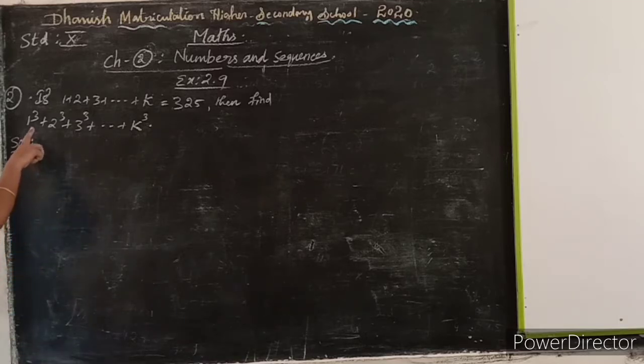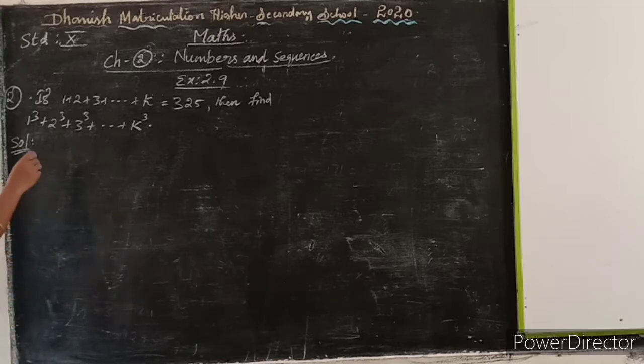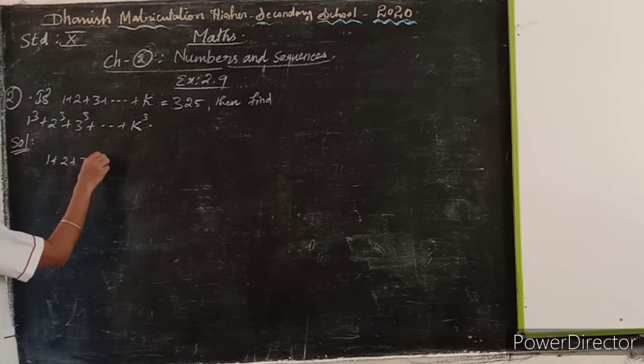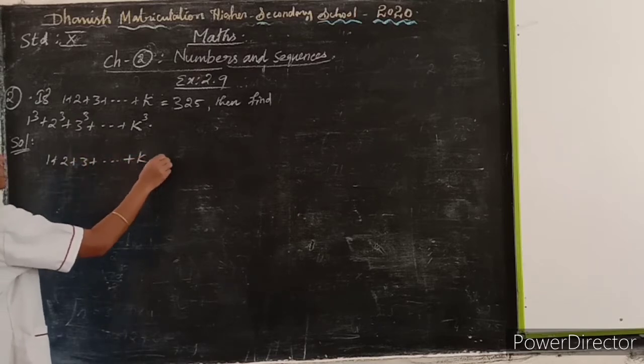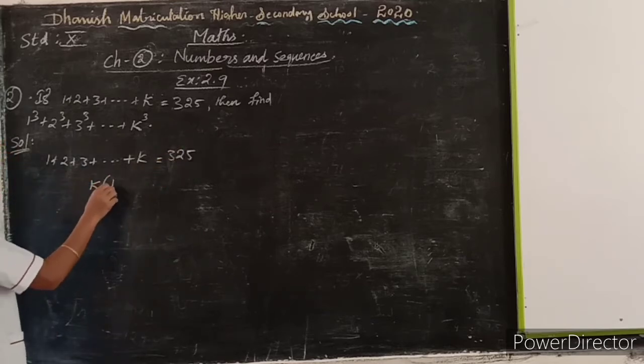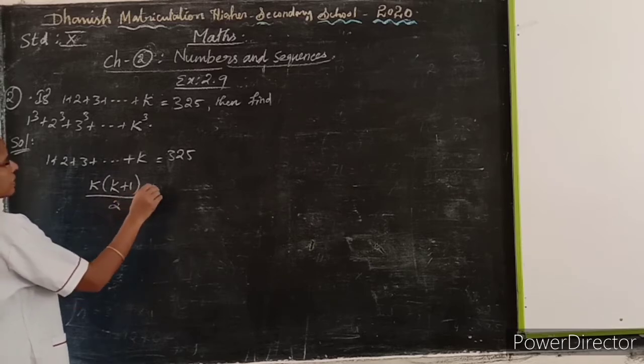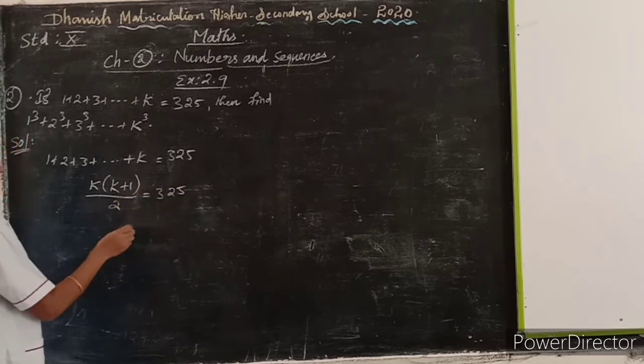Then the formula for the sum of cubes of first n natural numbers: 1 cube plus 2 cube plus 3 cube plus etc. up to n cube is equal to n into n plus 1 by 2, the whole square. Here the given one is 1 plus 2 plus 3 plus etc. up to k is 325. That is, k into k plus 1 by 2 is equal to 325. This is given.